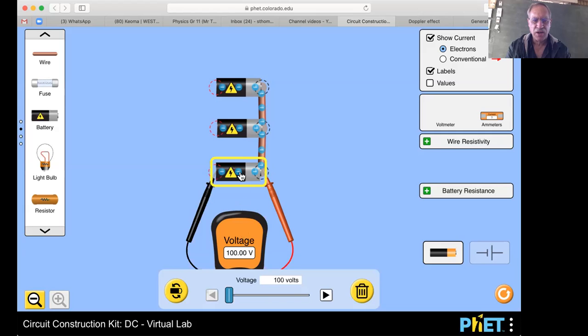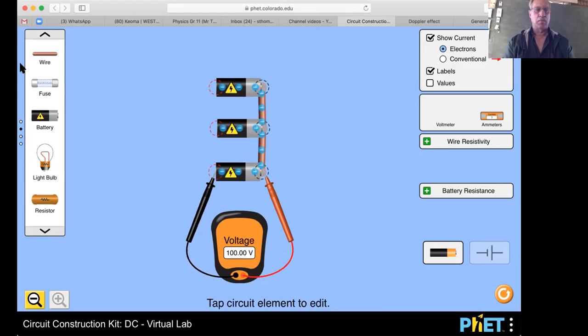How can a battery have 100 volts? I don't have any battery with 100 volts. But anyway, we'll have to work with what we've got at the moment. Take another one. So if that's 100 volts, let's just see what this battery is. It's still 1,000 volts. And that's 10,000.